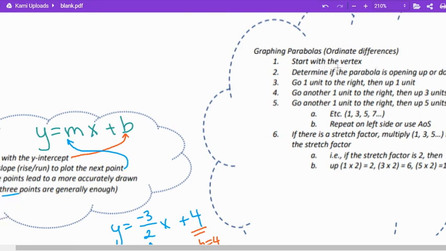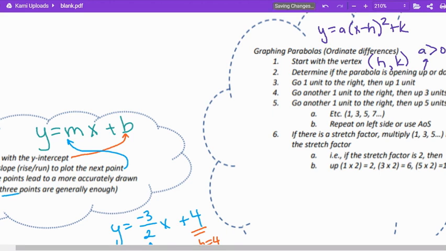All right, so this is when we have an equation in vertex form. Start with the vertex. Okay, let's not forget that the vertex is h comma k. So we're going to draw the vertex. Now, we determine if the parabola is opening up or down. So it's up if a is bigger than 0, and it's down if a is less than 0.